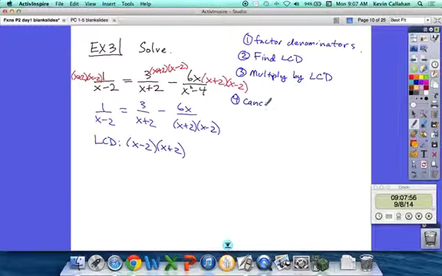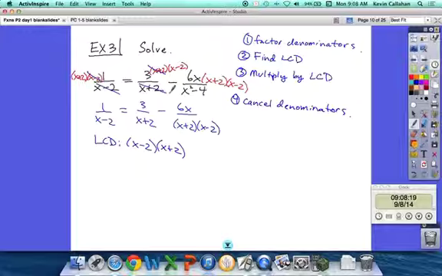cancel denominators. In this first term, there's an x minus 2 in the numerator and an x minus 2 in the denominator, so they cancel. In the next term, there's an x plus 2 in the numerator and an x plus 2 in the denominator, so they cancel.